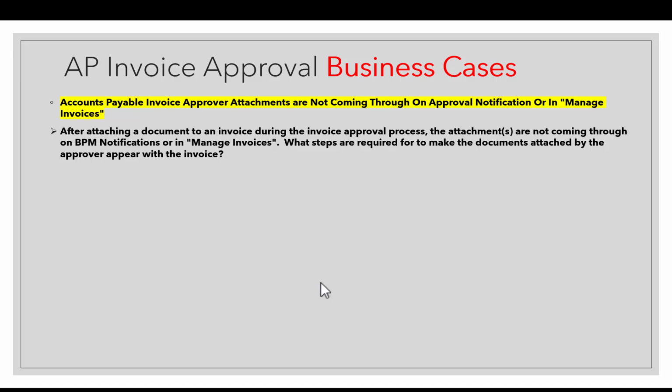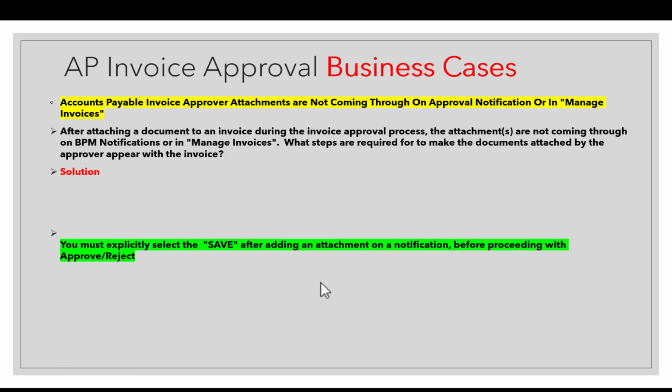In this case, I submit the invoice. It went to the supervisor, it went to the finance manager, whoever. The finance manager needed to add attachments, he attached the documents, and again he approved. But I didn't find this attachment, it is missing or not coming. So where is the problem?